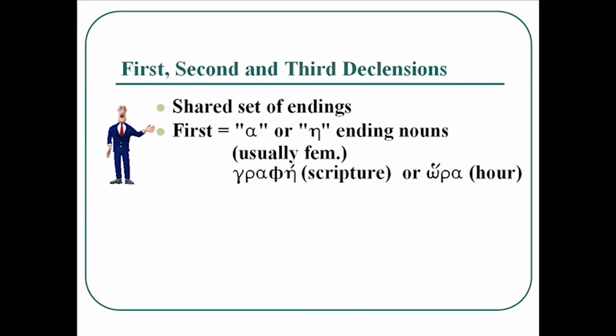Usually these nouns are feminine, not always. So words like graphē, see how the eta ends the noun, or hōra with the alpha on the end, those are first declension nouns. We'll study those in the next chapter.